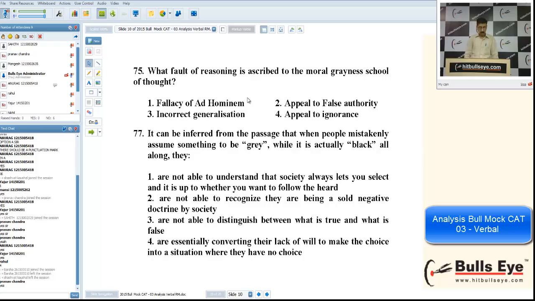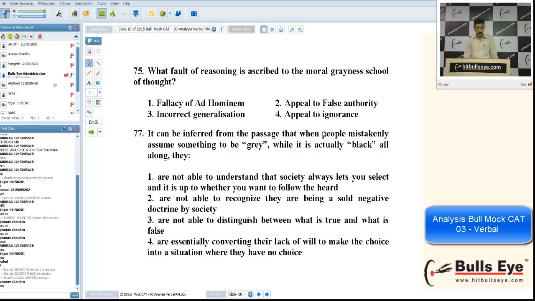So the answer to this question, first, it cannot be incorrect generalization. Why? Because he did not generalize anything. He just pointed out those people who believe that whatever they do, anything wrong, can be termed as grey.